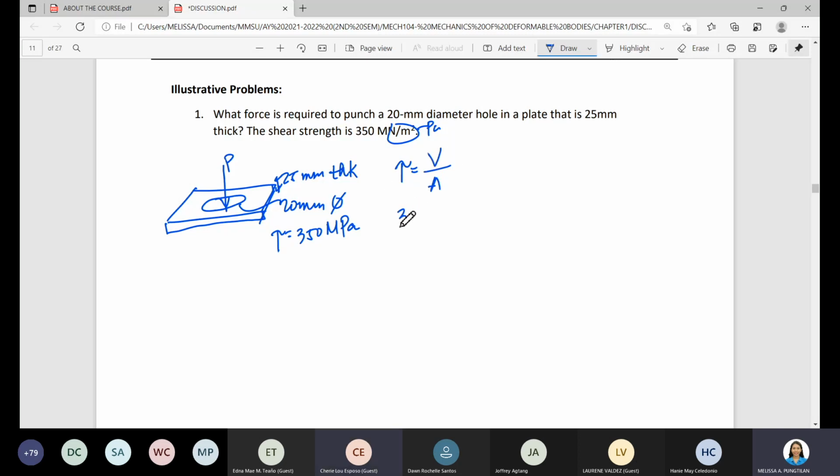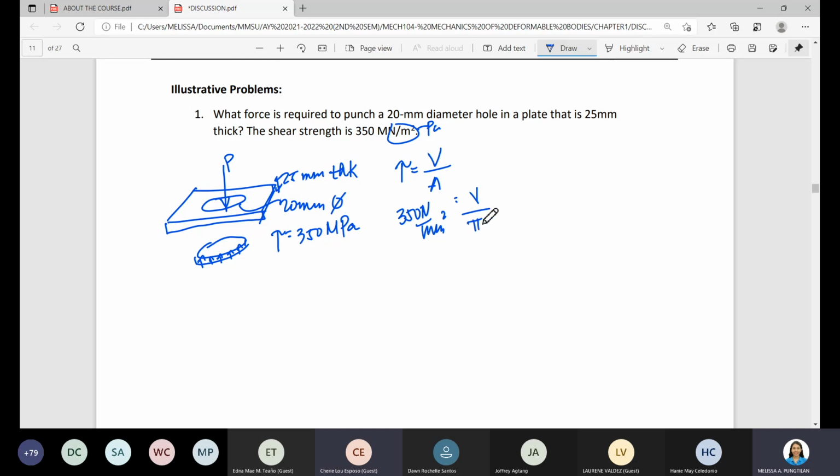So, meron tayong 350 Newton per square millimeter is equal to, V is just the same with P. Okay? So, sabihin natin this is V is equal to, ano yung magiging resisting area? The resisting area. Gaya ng sabi ko kanina, this one. Yung magiging resisting area, which is equal to the circumference multiplied by the thickness.